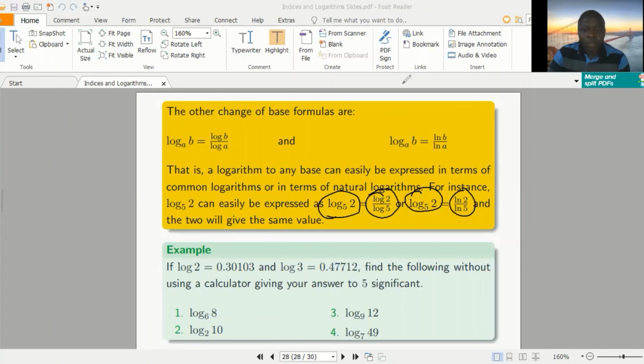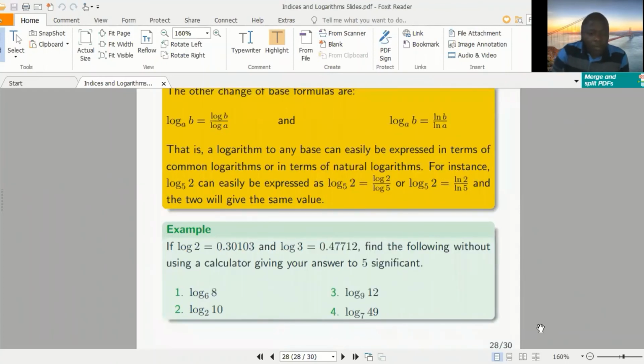You see, we've answered this example before, but I just want to use this knowledge that I've introduced here. If I'm given this, I can write it in a very simple way: log of 8 out of log of 6.